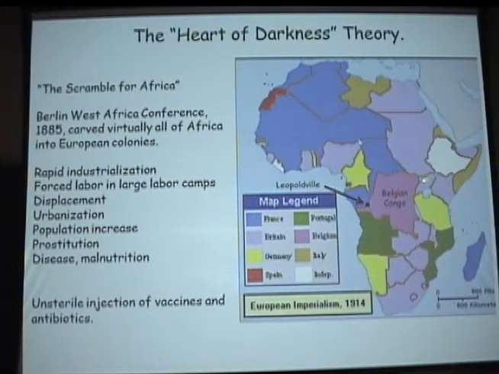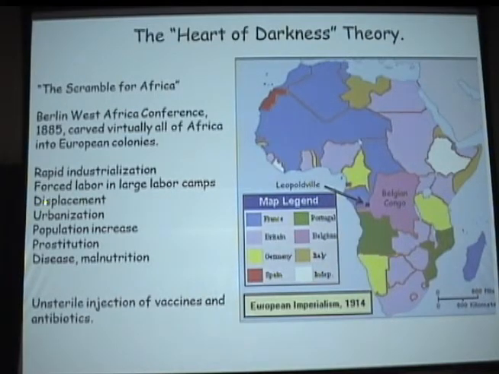And in here is the Belgian Congo, and here in 1914 was Leopoldville. This was a time of incredible turmoil throughout the continent. The European colonists were rapidly industrializing, with a lot of roads, railroads, agriculture, minerals, and rubber sap.